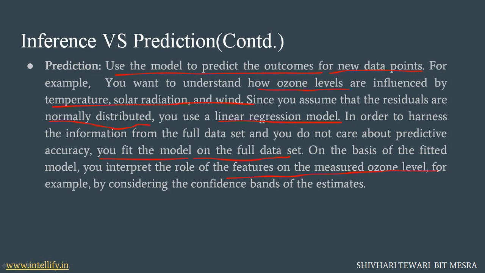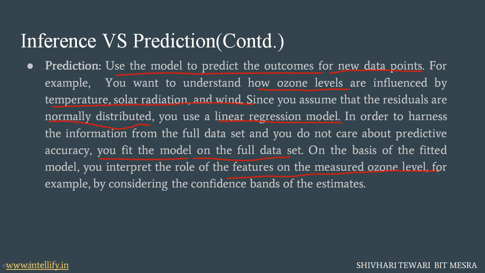So this is the difference between inference and prediction. See, in inference we care about the data generation process, we do not care about predictive accuracy, and we learn about what is going on in our current situation.